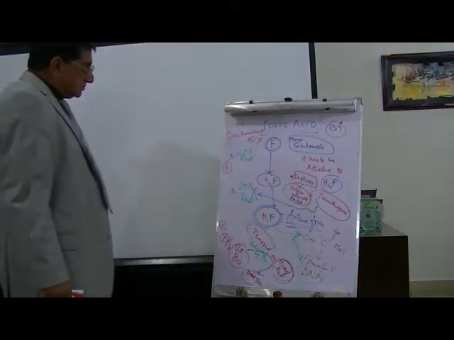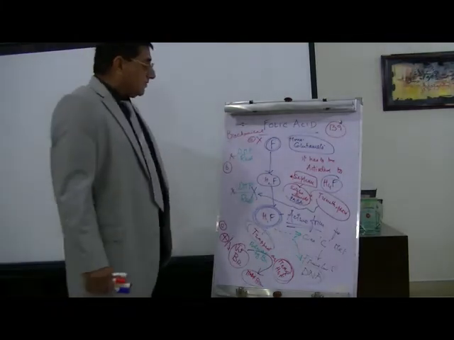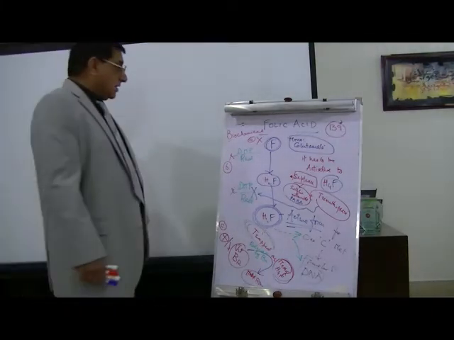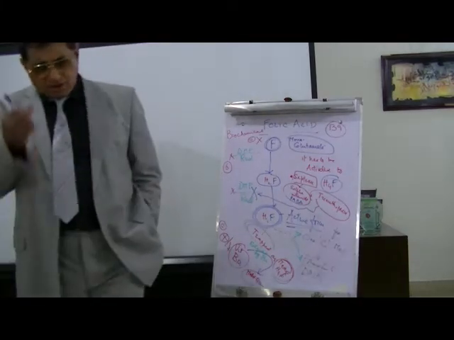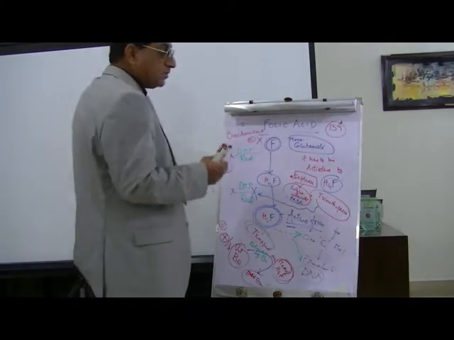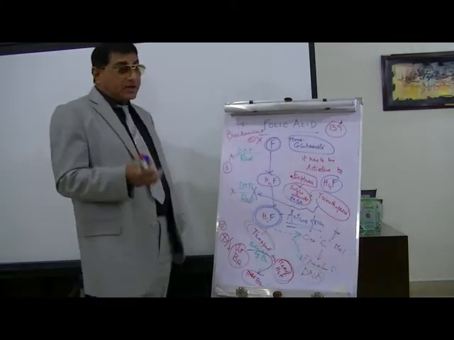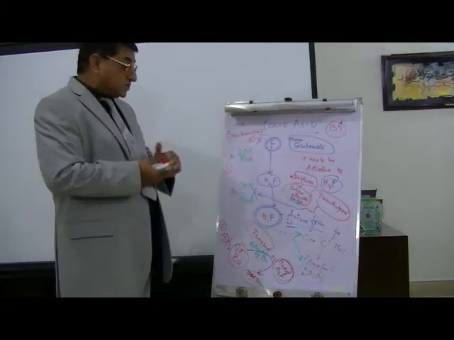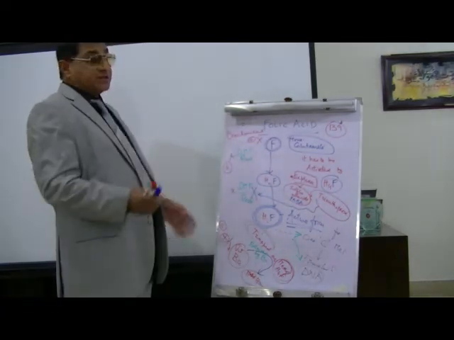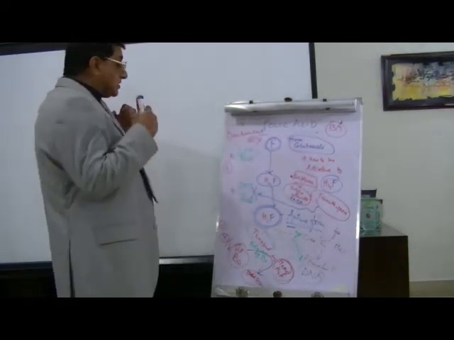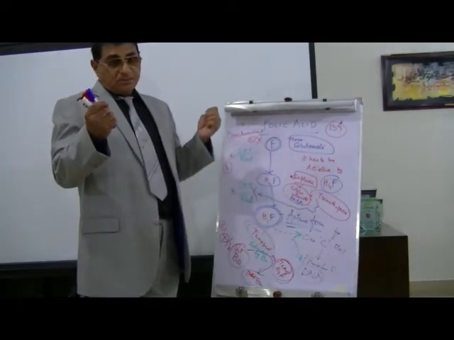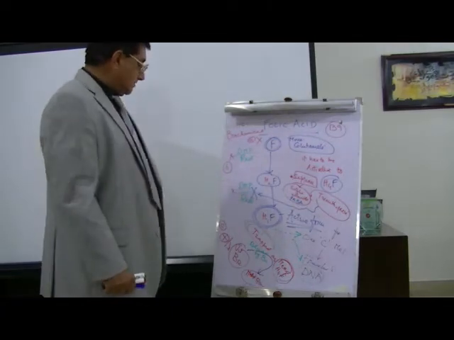So just to cap it again, folic acid is very essential. It's a water-soluble vitamin, and especially so in females because it is very important in the development of the fetus. The fetus is growing, rapidly dividing, and so the DNA is very important. And folic acid helps in the formation of DNA because it helps the formation of both purines and pyrimidines.